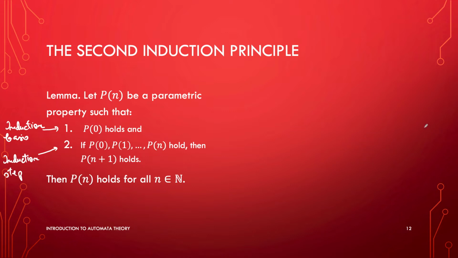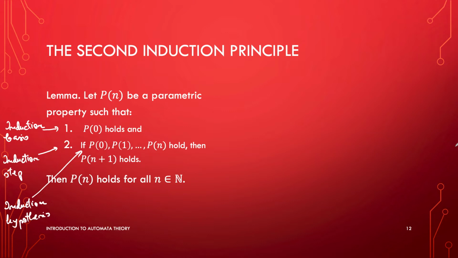The fundamental difference here is that the induction hypothesis is more complex. So your induction hypothesis is that P of n holds, P of n minus 1 holds, all the way to P of 0. And you can use all of these properties in establishing P of n plus 1. So that's a more complex, a more powerful induction hypothesis than we had before.